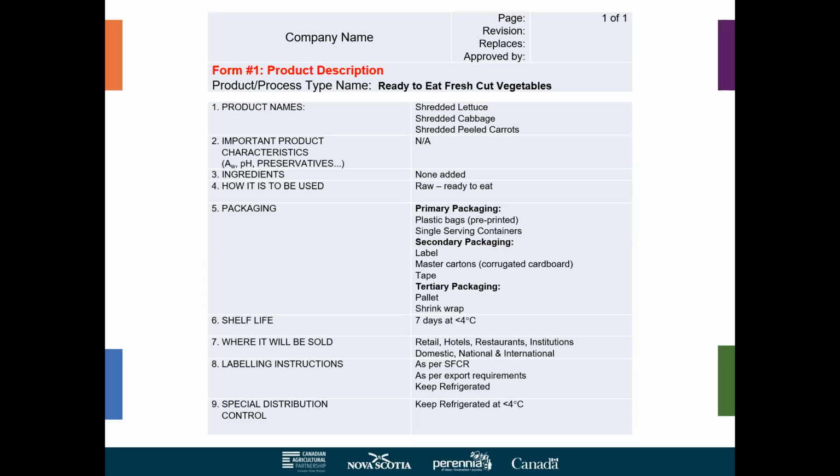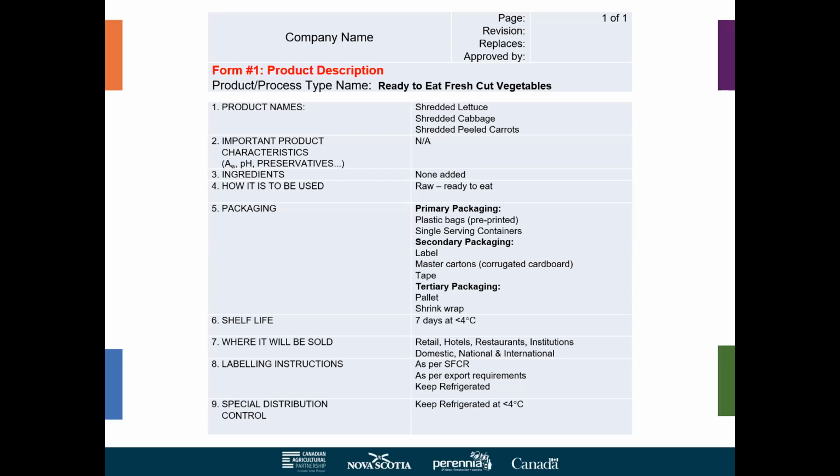And then the packaging. So there are 3 types of packaging that you can have: primary packaging, secondary packaging, and tertiary packaging. Primary packaging refers to the food contact. So let's say it's plastic bags. In this case, they are going to package the product in a pre-printed plastic retail bag, or they may be putting it in single serving containers.